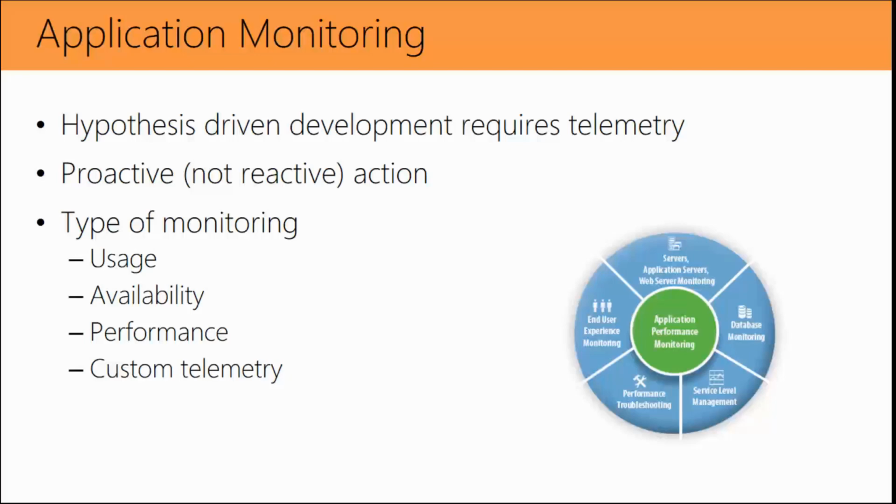So within the application monitoring or the APM tools, first, hypothesis-driven development requires telemetry. And we need to have a proactive approach and not a reactive action. So every time you are setting up a DevOps environment, make sure that you are actually taking a proactive approach.